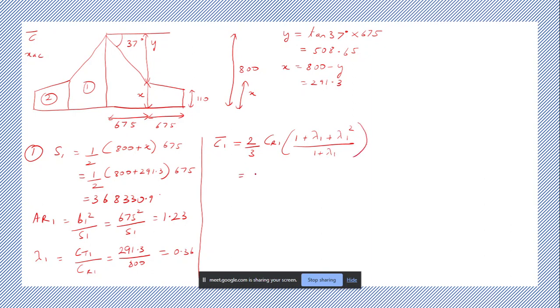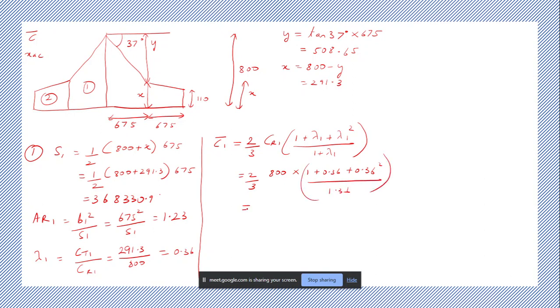So let's just substitute the values. 2 by 3, CR1 was 800, into 1 plus 0.36 plus 0.36 squared over 1.36.